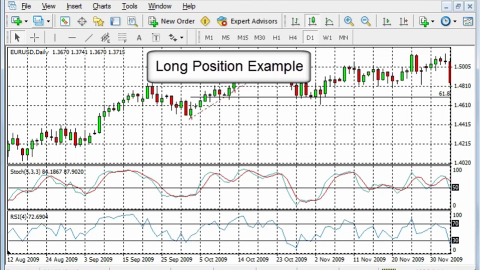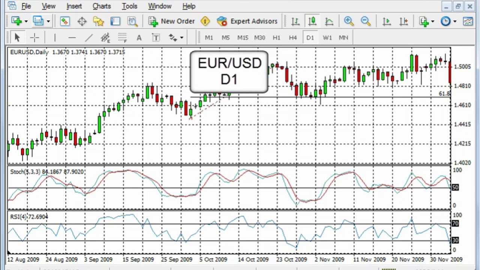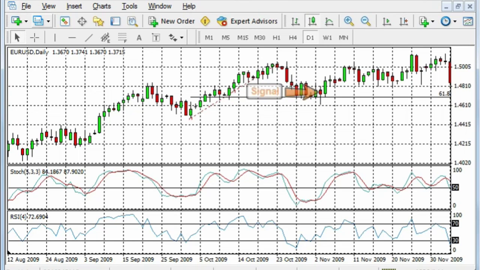In this example, we review the strategy in the Euro-USD currency pair in a one-day time frame. A buying signal will be received as seen here, where the rate corrects the previous trend in a downwards direction, and a candlestick appears which is below 61.8%, but then reverses and closes above the 61.8% level.